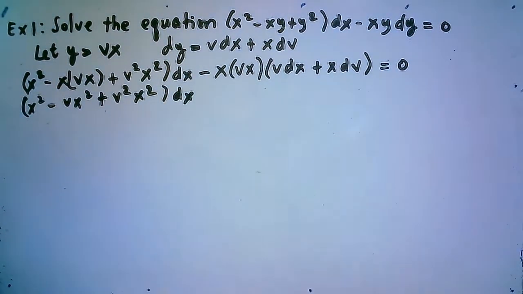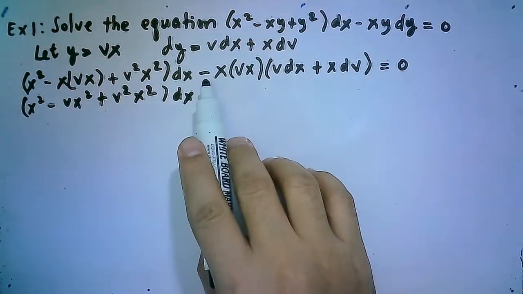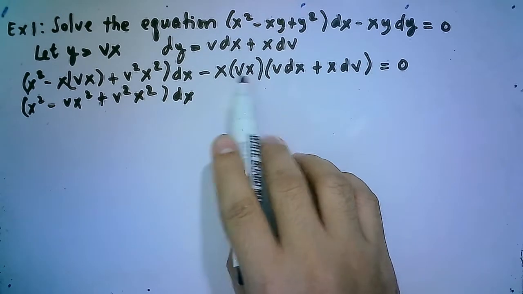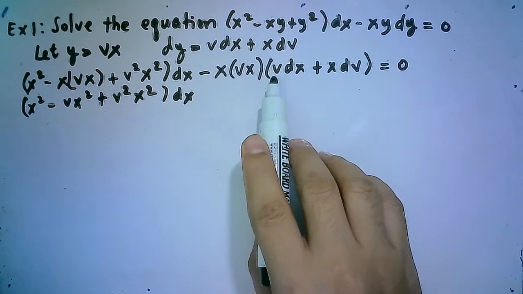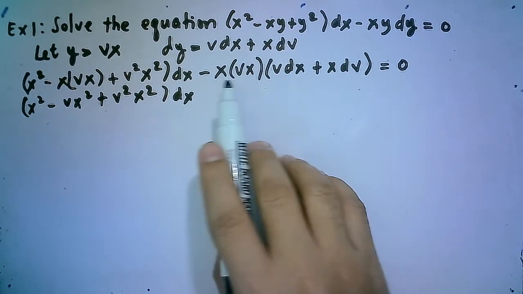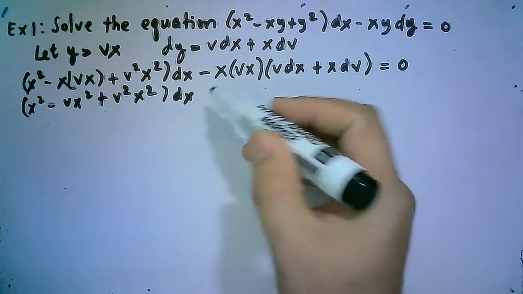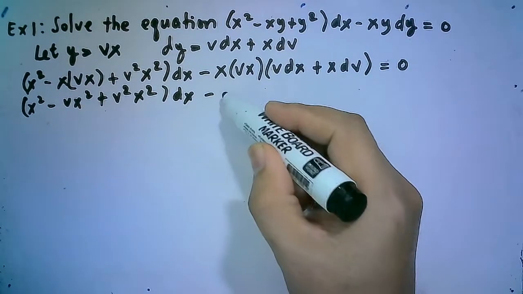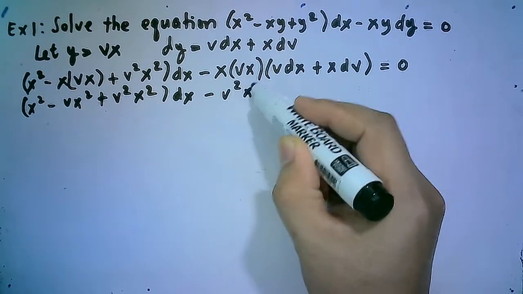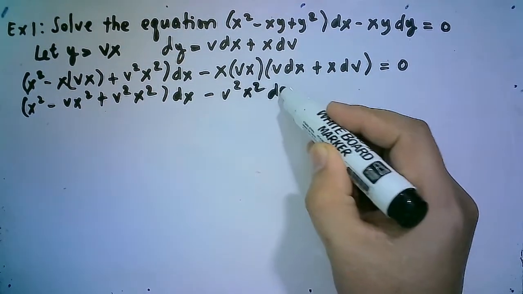Then I will distribute this one, x times vx, that is vx squared, times v, that becomes negative v squared x squared. So negative v squared x squared dx.